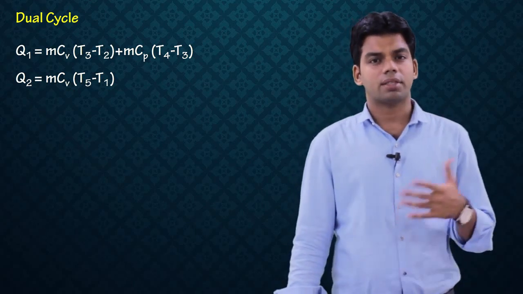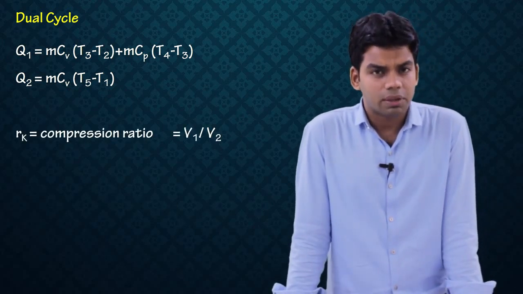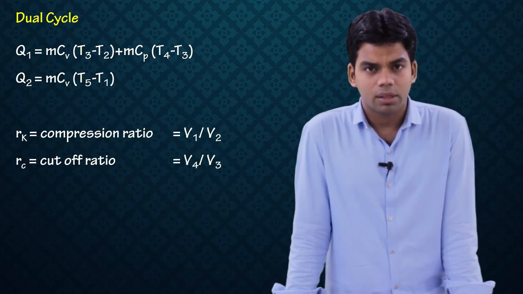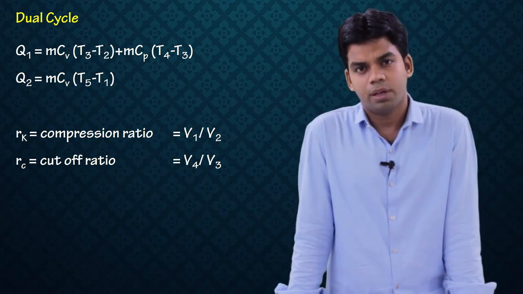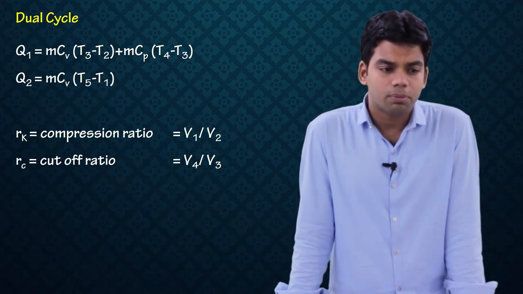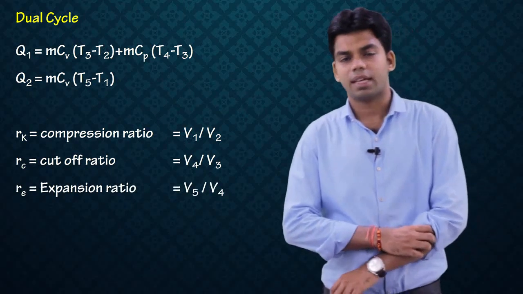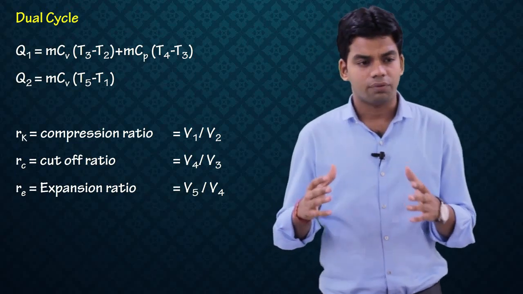Here we have certain ratios. First is the compression ratio RK, which is equal to V1 by V2. Next is the cutoff ratio RC. The cutoff here takes place in process 3-4, so the cutoff ratio will be equal to V4 by V3. Then we have the expansion ratio RE, which will be equal to V5 by V4.